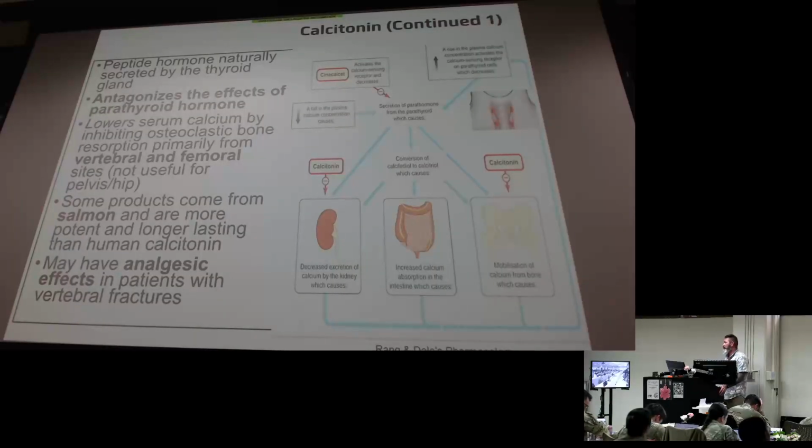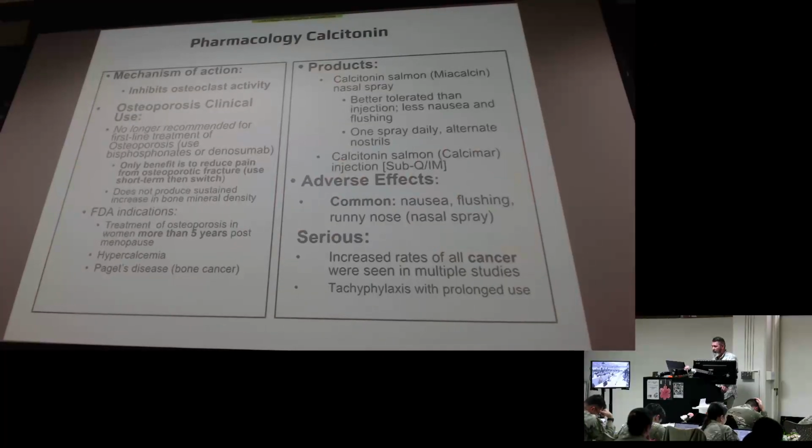It does have some analgesic effects. Have we talked about analgesic effects with any other class of medications for osteoporosis today? Not really, right? So, analgesic effects, calcitonin. We mentioned what the mechanism of action is, and it is not first line.